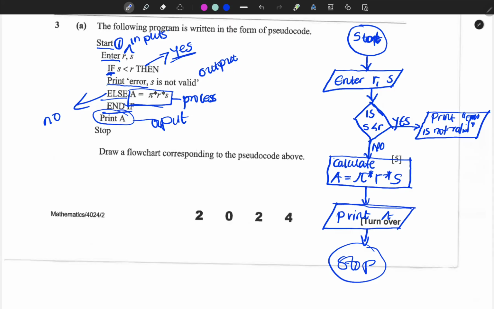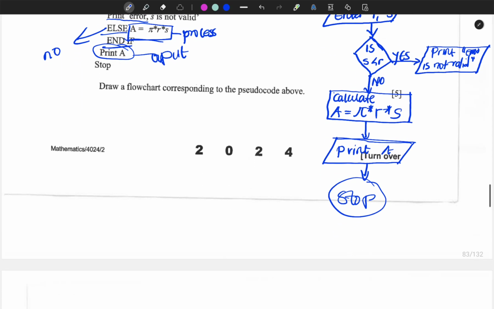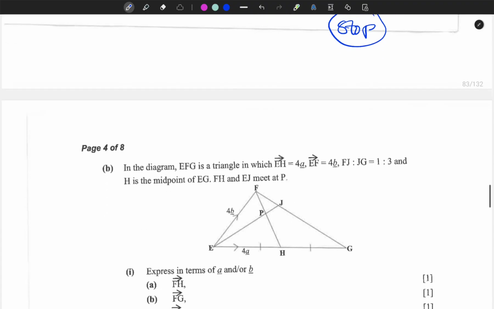So this is what you're supposed to do. What is important here is how to change information into polygons, or, given the flowchart, how to change the information in polygons into statements of a pseudocode. I hope you've gotten one or two. We move on to question number B.